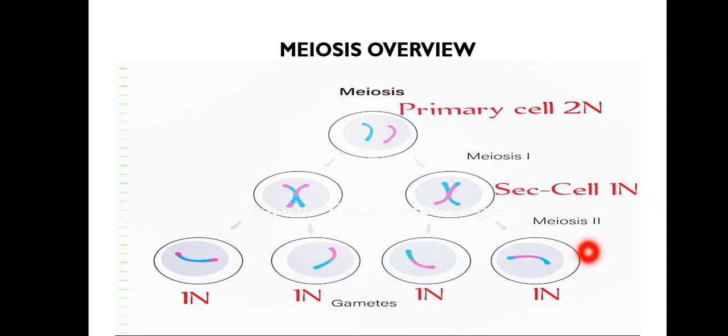The number is maintained. What you simply do is separate the sister chromatids into individual chromosomes. So here you've got 23, 23, 23, 23 chromosomes. If this was a sperm cell that you are trying to form, here you've got a final sperm cell, another sperm cell, another sperm cell, and another sperm cell. That's why we're talking about meiosis, because it's the one we use to form these gametes.